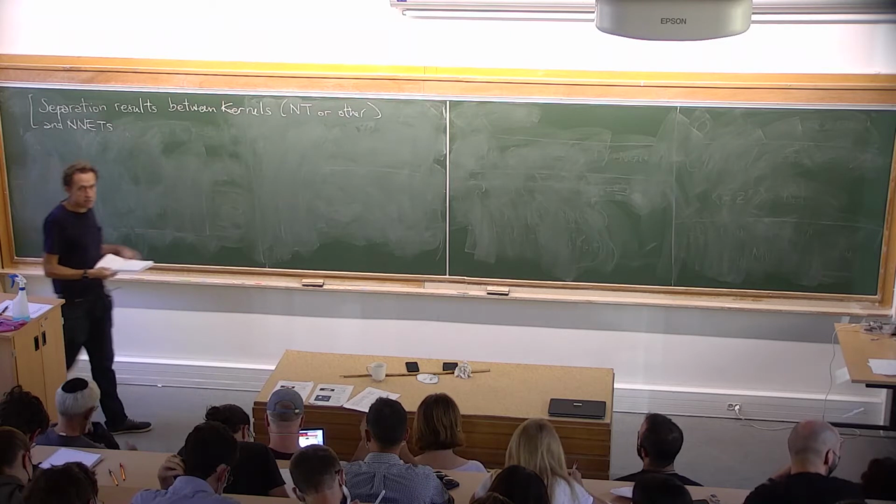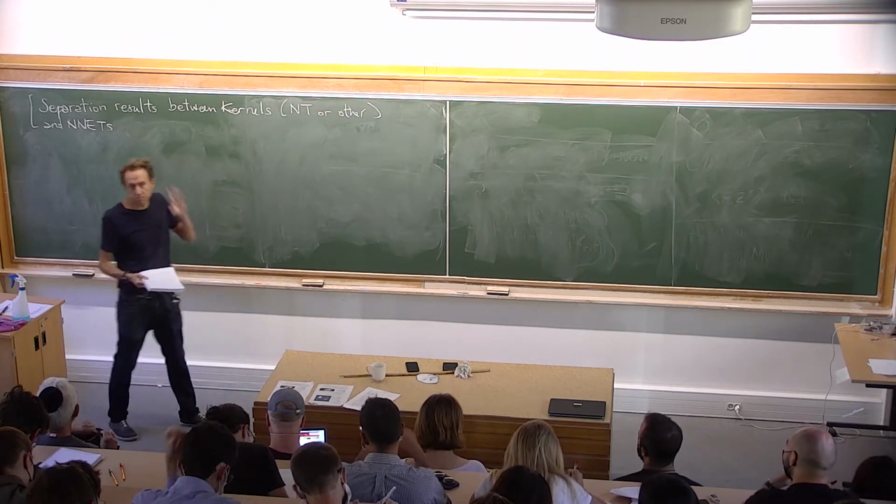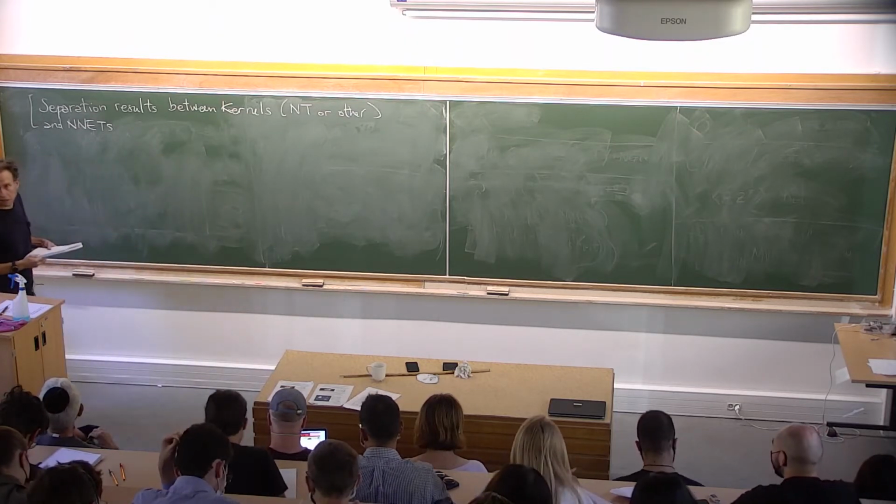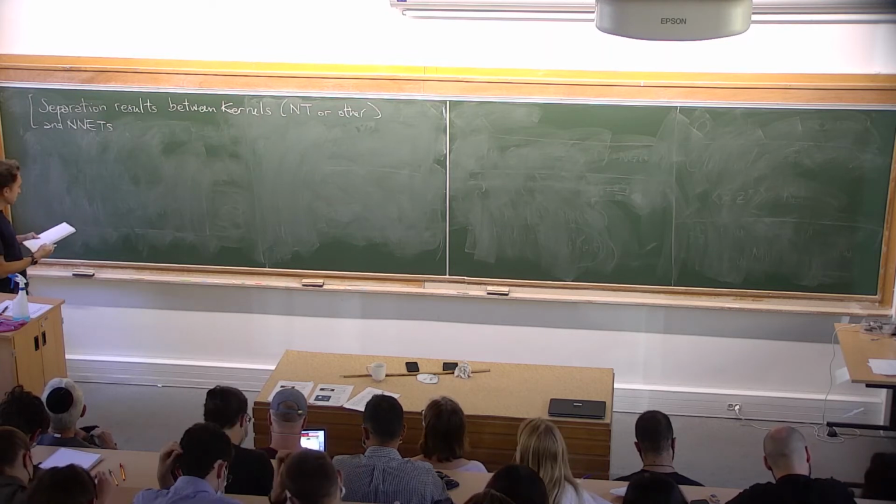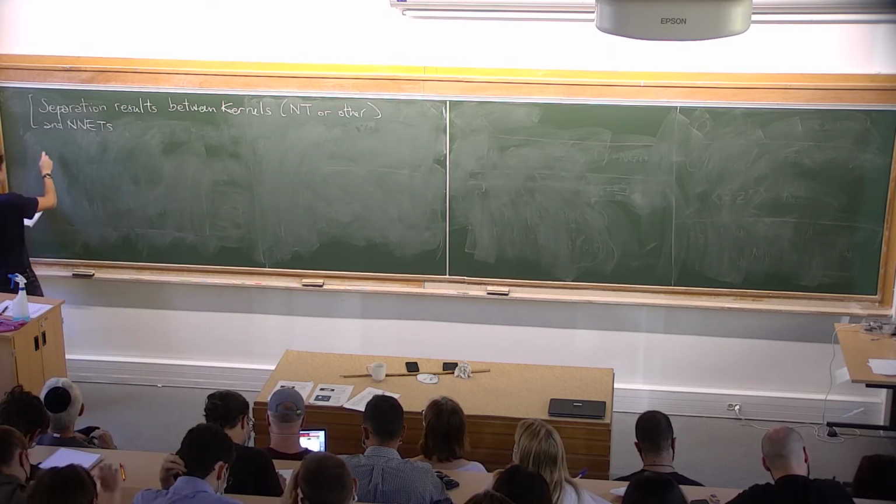So let me give you the simplest of such examples. It's really elementary, but I'll go through it in detail because I think it's instructive and it's a nice exercise.